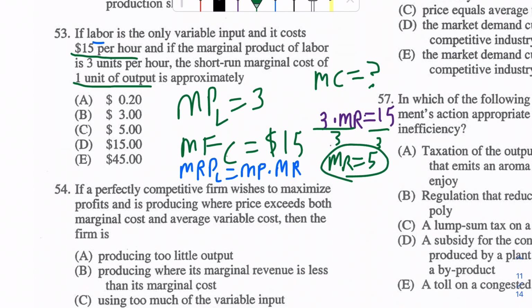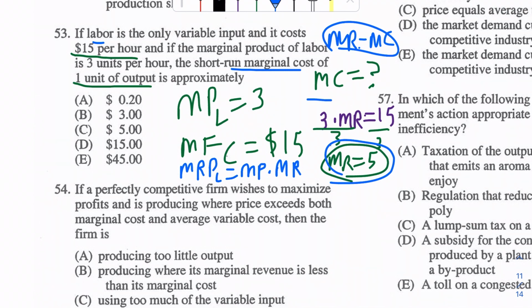Now, here's the deal. Whenever you're doing any market structure, step 1 says marginal revenue equals marginal cost. So if your marginal revenue is 5, and we're trying to figure out the marginal cost, guess what it is? 5. So this one we had to figure out the MRP.